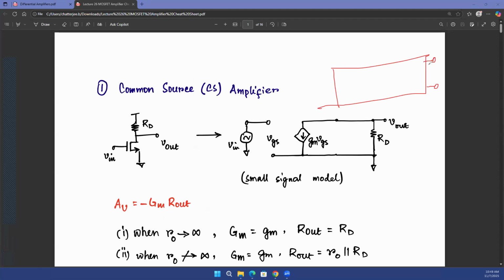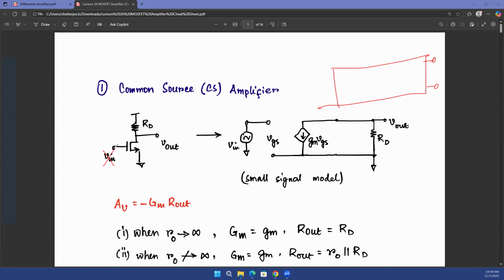So you originally had RD connected at the output, but to find out the Thevenin equivalent resistance of the black box, you get rid of the RD. Right? That's what you do in Thevenin. So first get rid of that load resistance, and then make sure that all the independent voltage sources, which is V in in this case, are removed from the circuit.